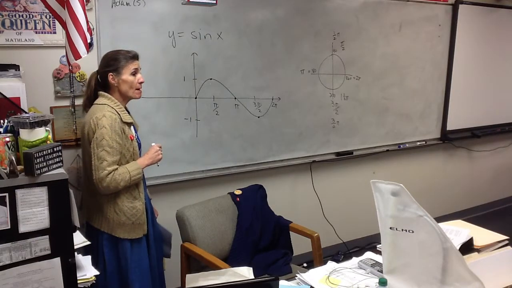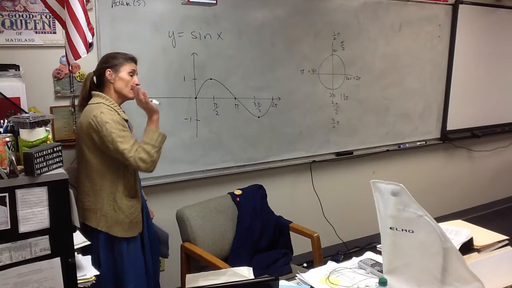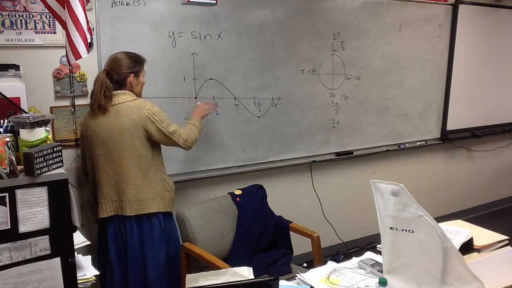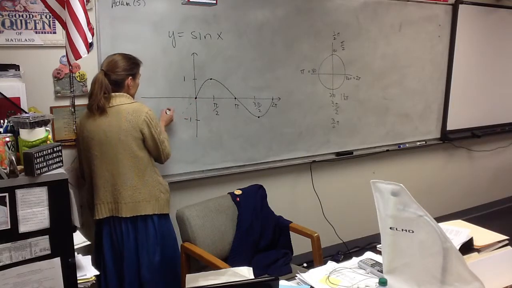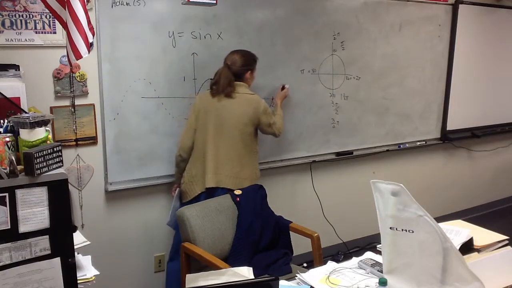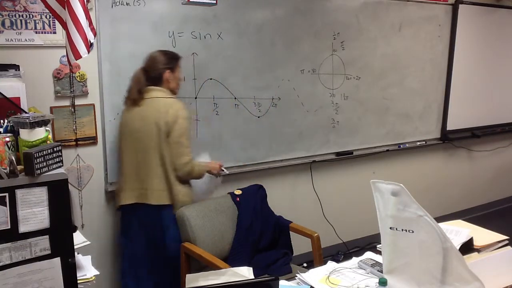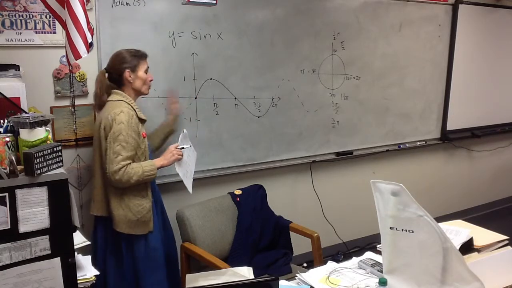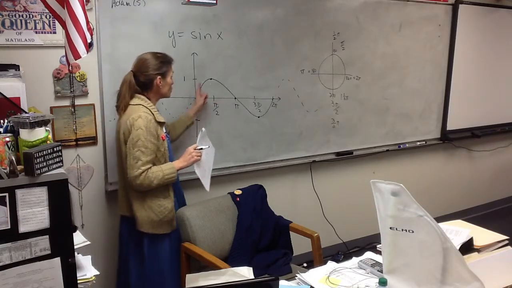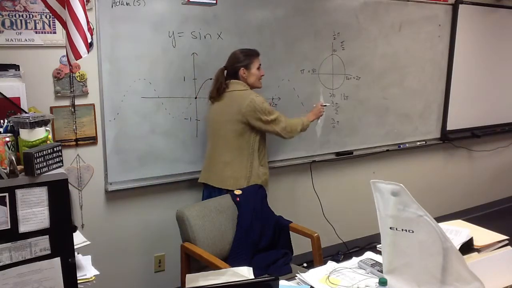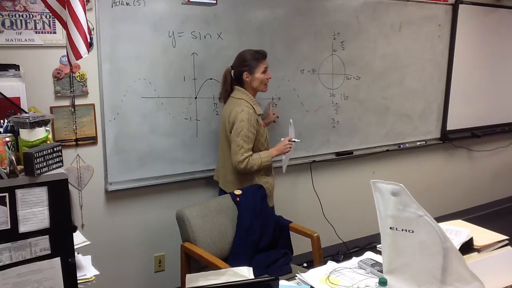Now, I can't remember if I talked about this back when we did the 12 basic functions or not, but this curve actually goes on forever and ever. Did we talk about that it goes on forever and ever in both directions? So, when you draw a sine, you don't have to worry about that, because if you can draw one hill and one valley, everything else would just be a repeat of that, right?